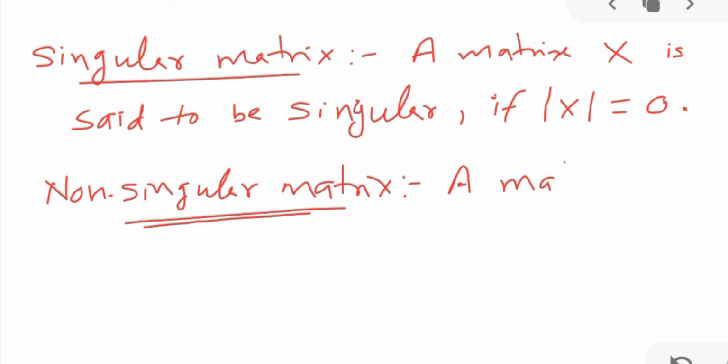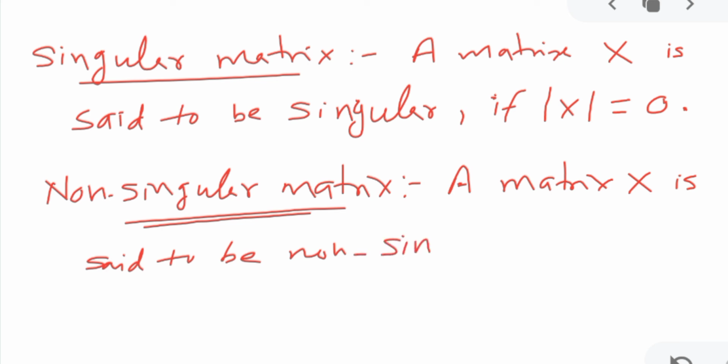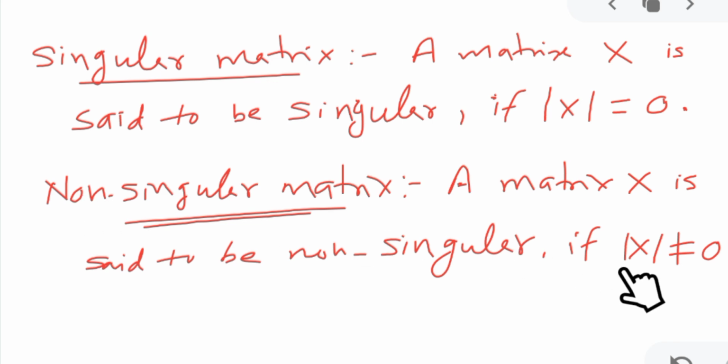A matrix X is said to be non-singular if determinant of X is not 0. So not 0 is non-singular, equal to 0 is singular. I hope these definitions are clear.